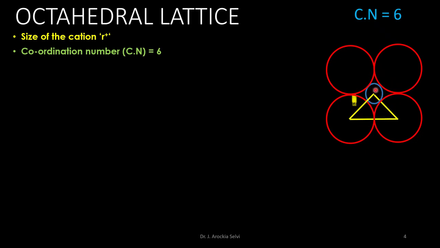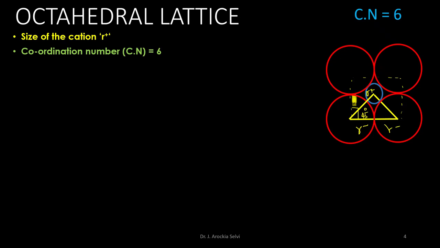So here, how to calculate the radius ratio? You take the radius of the anion as r minus, and the radius of the cation, this is r plus. And here it is a square planar. So here the angle is supposed to be 90, so this angle will be 45 degree.